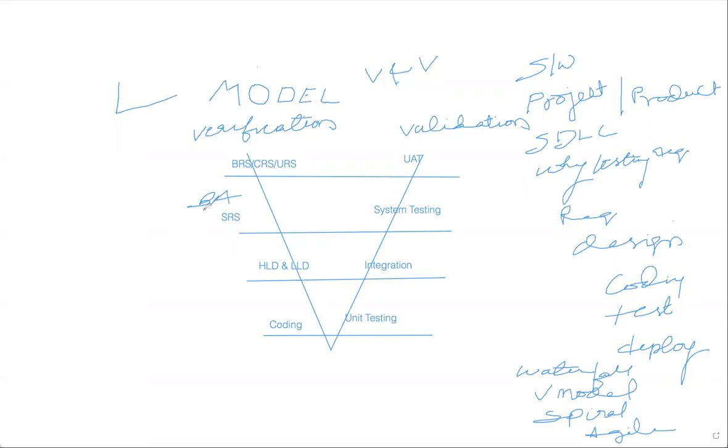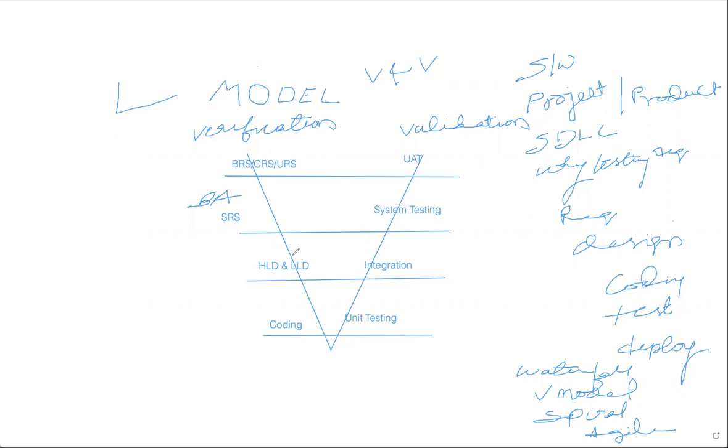Once the design documents are ready, the design phase is complete, and the next is development. In the design phase we have documents called HLD and LLD. HLD means high level design, and LLD means low level design.